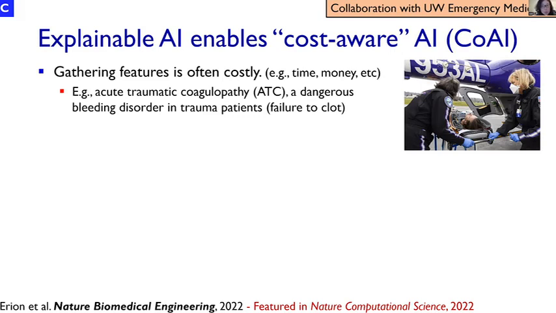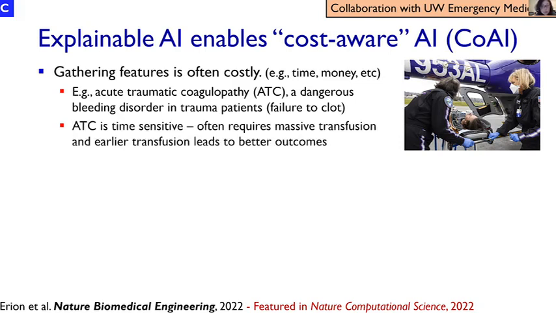Say you have a patient with a traumatic injury in front of you, bleeding, and you want to predict whether this patient will have acute traumatic coagulopathy, ATC. It's time sensitive and requires massive transfusion. Earlier transfusion leads to better outcomes, less organ failure, and fewer post-hospital complications.